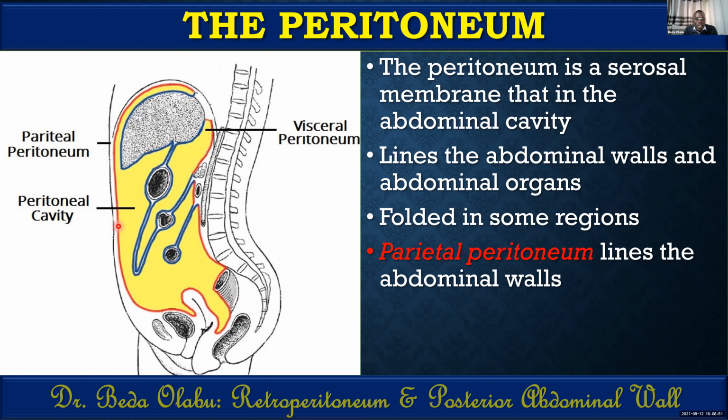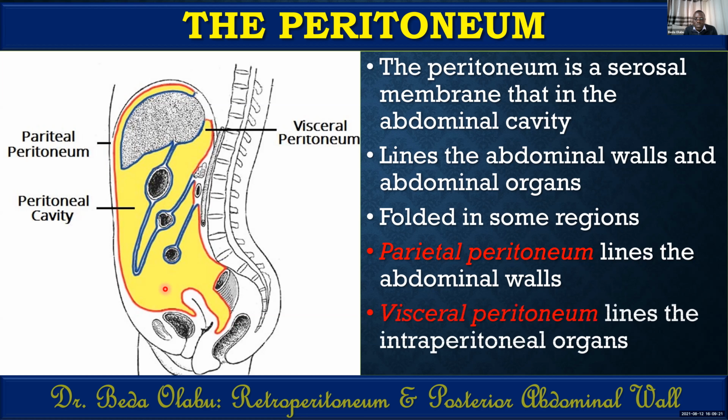But it also lines the abdominal organs which are applied onto those walls. Like here, this is still parietal peritoneum because it is lining this organ that is applied to the posterior abdominal wall. And this is still parietal peritoneum because it's still lining the abdominal organ that's applied to the wall inferior in this case.